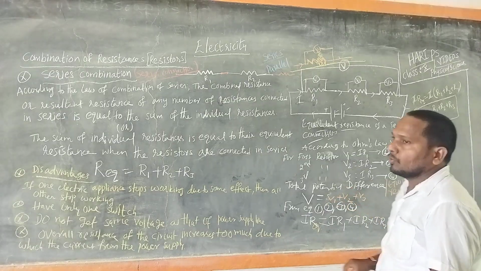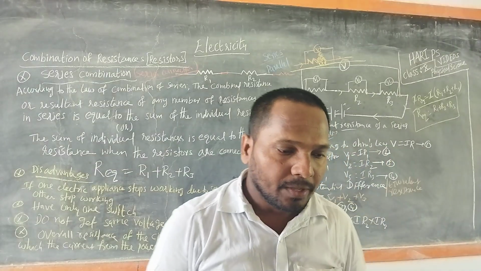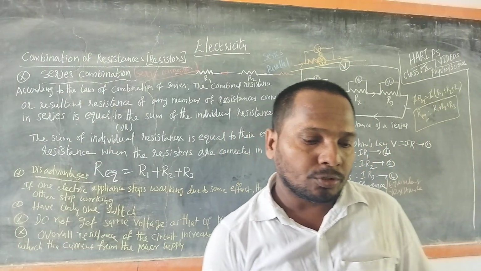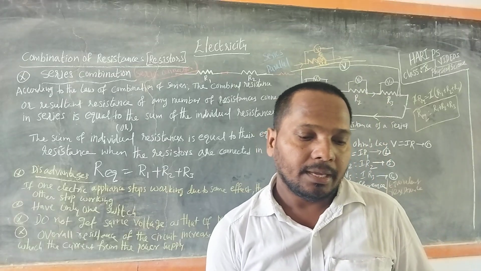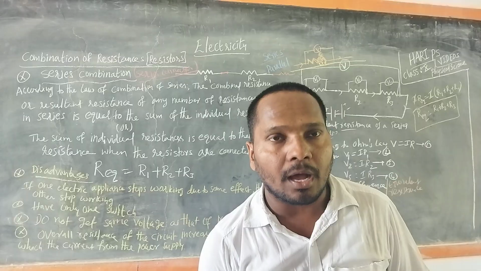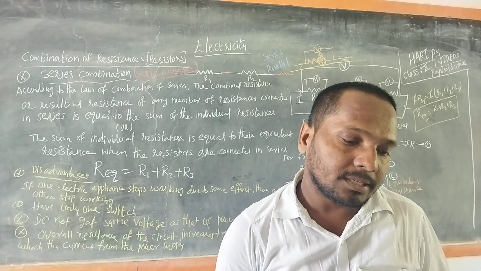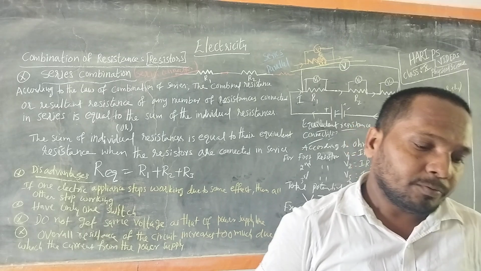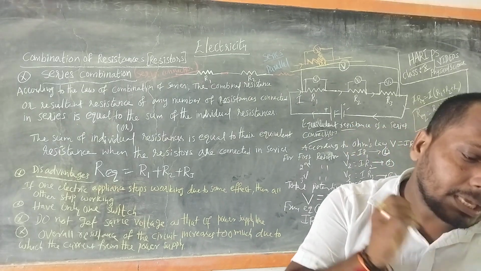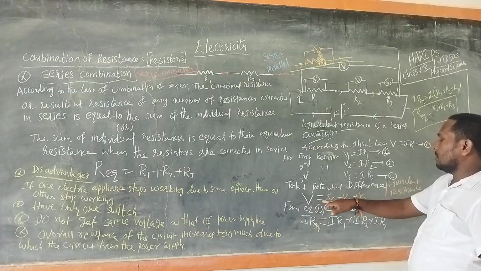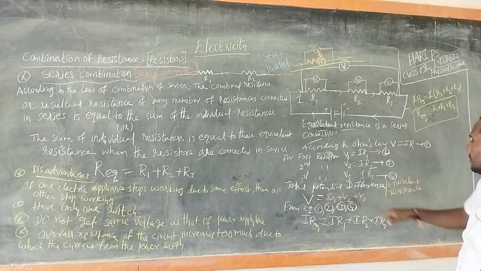V is equal to V1 plus V2 plus V3. So the same current I flows through the three resistors in series. So by applying Ohm's law to the resistors respectively, finally V is equal to V1 plus V2 plus V3.